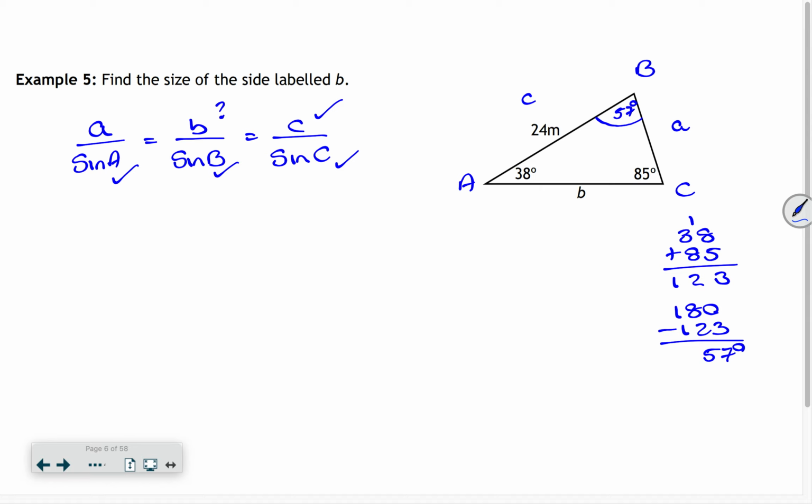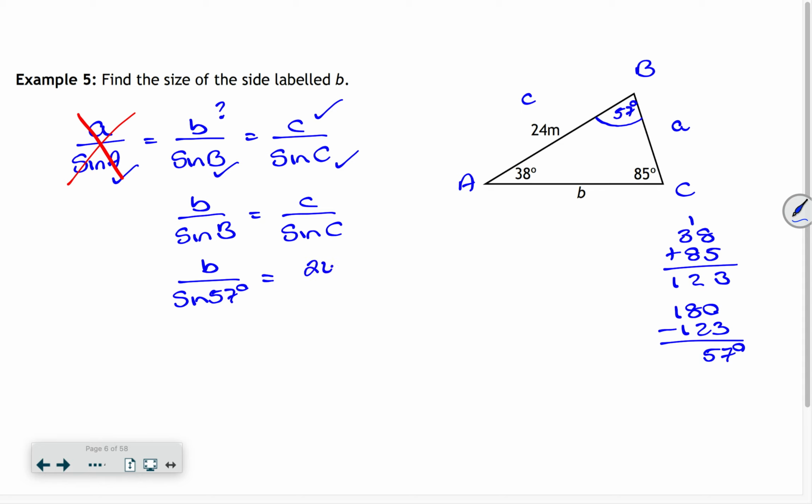I have a complete fraction, and I have a fraction where I know one thing, I need to work out the other thing. The rogue one we don't need is A. So we just forget that. So we're just dealing with b over sine B is equal to c over sine C. So that's going to be b over sine 57 is equal to 24 over sine 85.